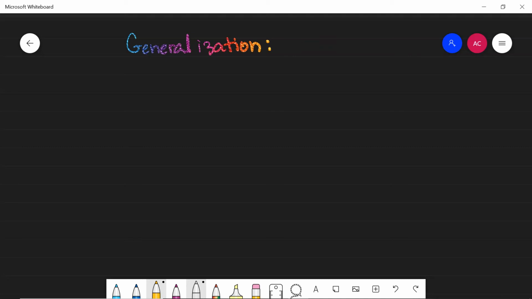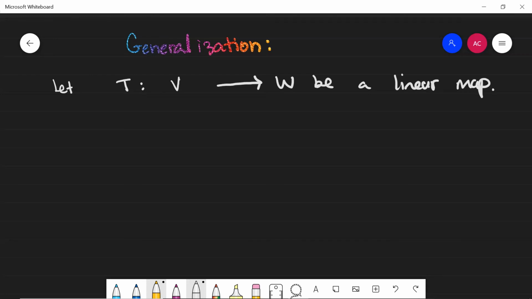So let T be a linear map between vector spaces V and W. My goal is to build or construct a matrix representation of this linear map. In order to do that, you must choose bases for the domain and the codomain.